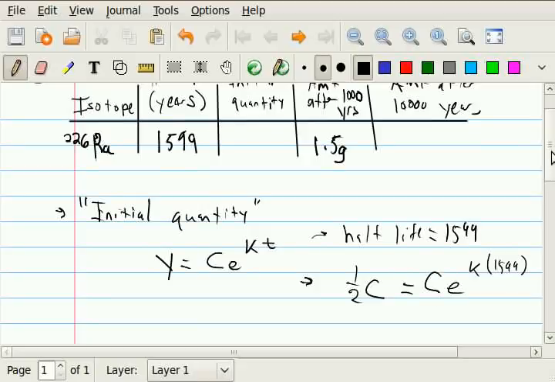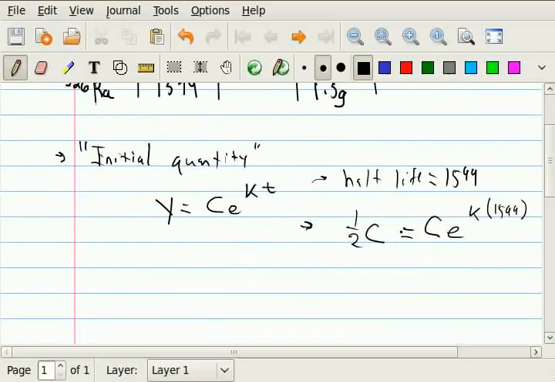Now it looks like we have two things in this equation that we don't know, C and k. But look, C is just multiplied on both sides. In that number of years, 1,599, we're going from whatever we started with to half of that amount. So we can actually divide both sides by C, and we get a new equation. 1/2 equals e to the power 1599 times k.